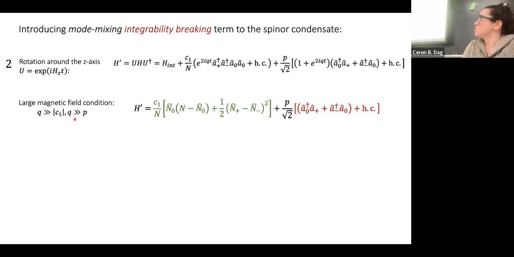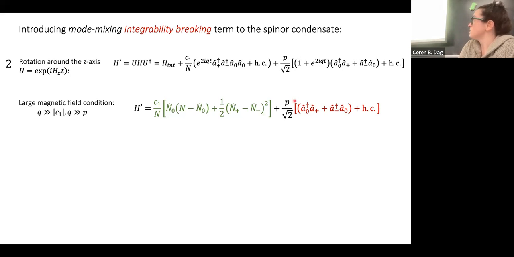But what we do is we just do some unitary transformations to get rid of those things. In the end, what we have is the interaction part, which is really simple, like density interactions. And then P becomes the most important tuning parameter here, which is really the strength of your in-plane laser field. So this can be done in an experiment and tuned.